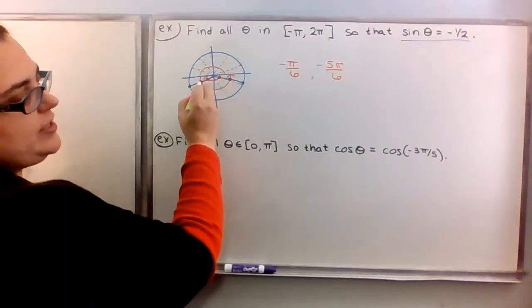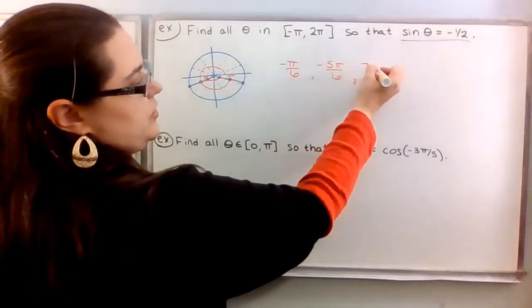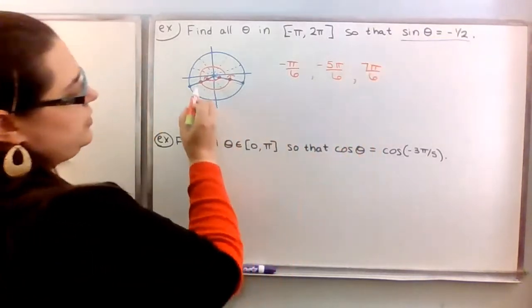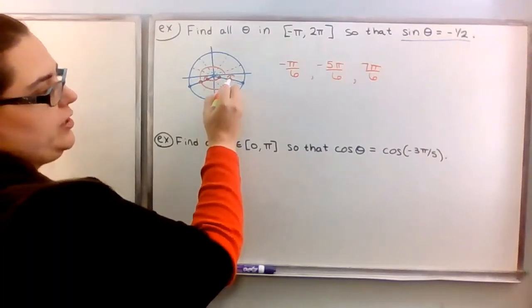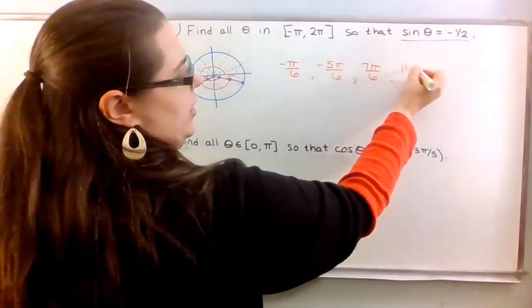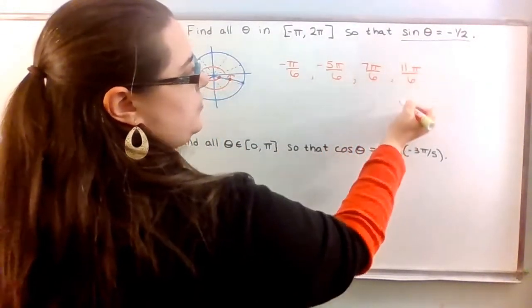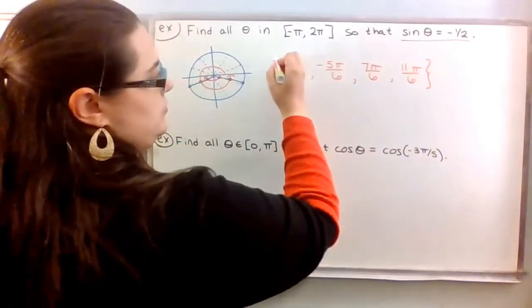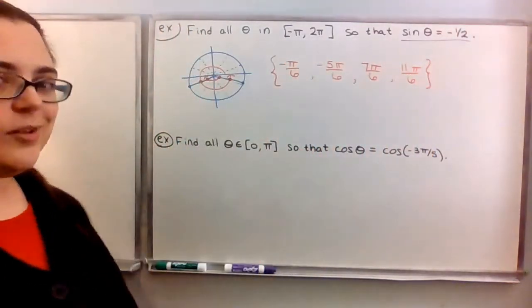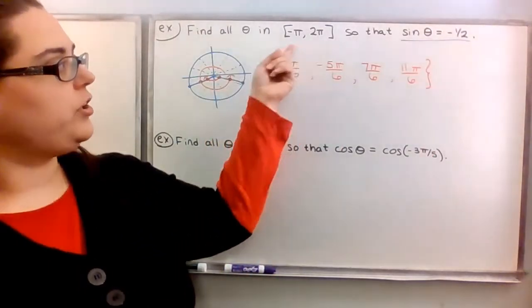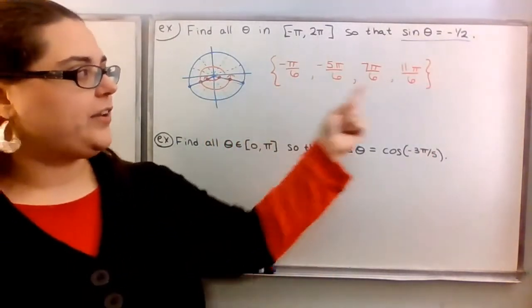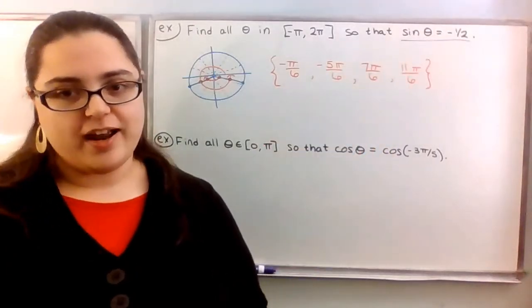So this one's going to be 7 pi over 6. 8, 9, 10, 11. So we have 11 pi over 6. So that's going to be our answer to this question. All of the thetas that are in this interval, so that sine of those values is going to give me negative 1/2.